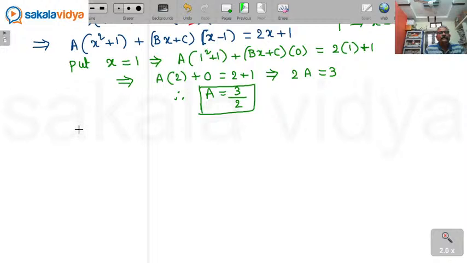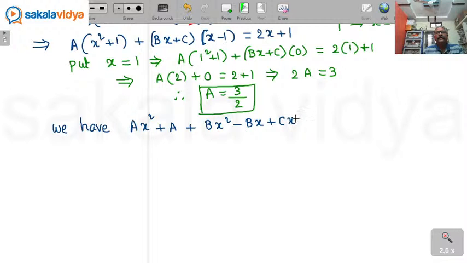You get like this: ax square plus a plus bx into x, bx square, bx into minus 1, minus bx, c into x plus cx, c into minus 1 minus c equals to 2x plus 1.